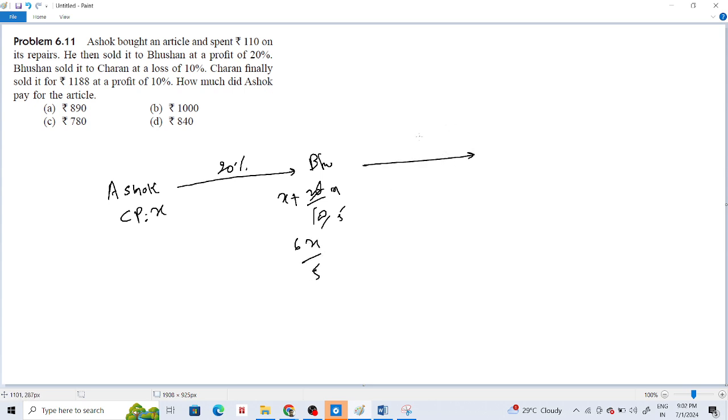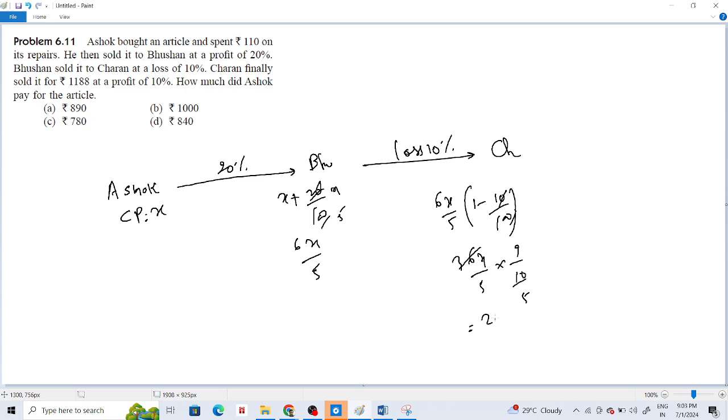Now Bhushan sold it to Charan at a loss of 10%. So that is going to be 6x by 5 into 1 minus 10%, so 6x by 5 into 9 by 10. 2 3s are 6, 2 5s are 10. That is going to be 27 by 25 x.